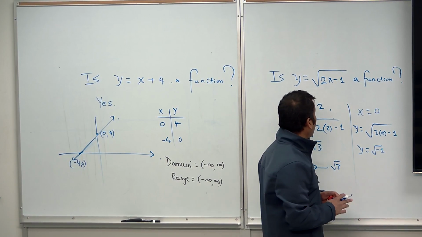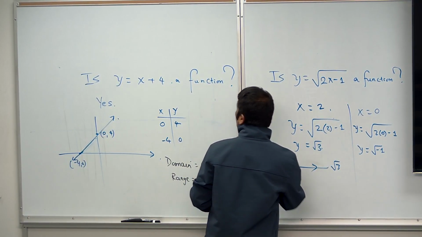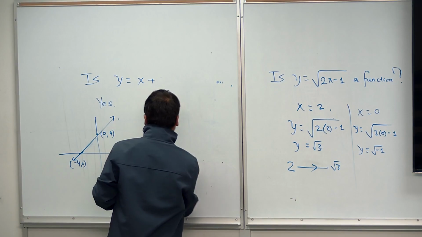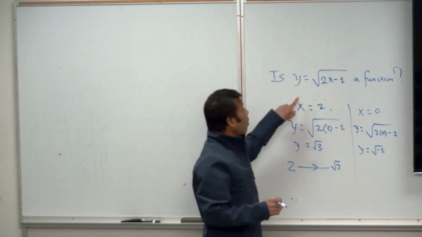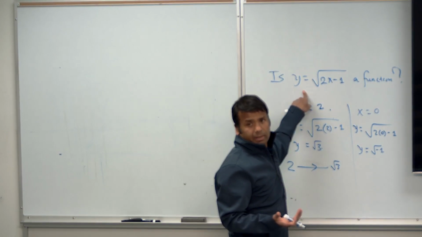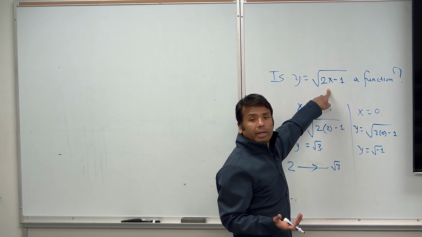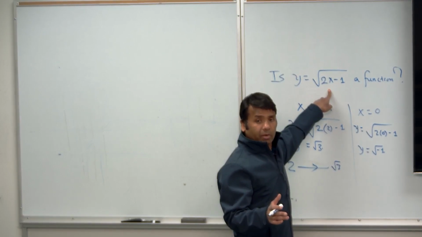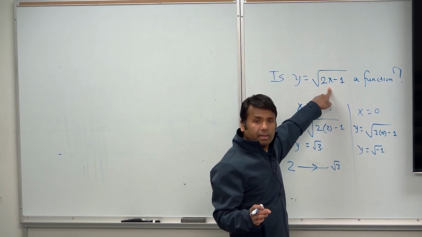Now, to find the domain for this type of radical function, we use this method, because you know y is a real number, because the range must be a real number, is that right? So look at the value under the radical sign. We call it the radicand. This radicand is 2x minus 1. You see that?